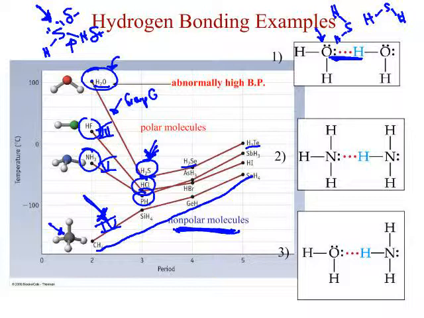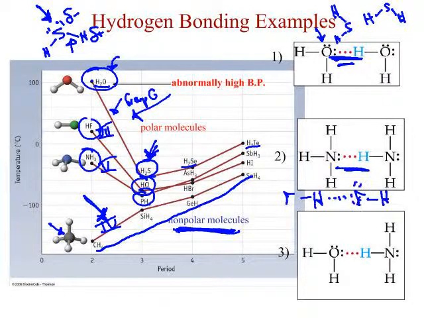And the entire reason for this bizarre trend over here is the abnormally strong intermolecular attraction between ammonia molecules, water molecules, and hydrogen fluoride molecules, which would look something like this. So if we have our fluorines bonded to our hydrogens, that's kind of a terrible drawing, but you get the idea. Now, how do you know what can have hydrogen bonding and what can't?